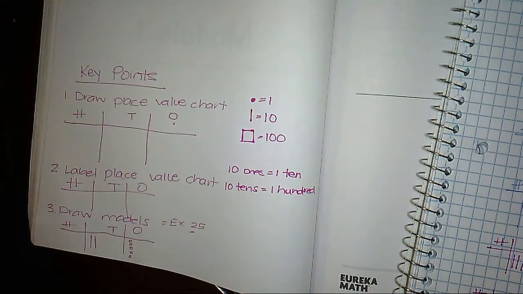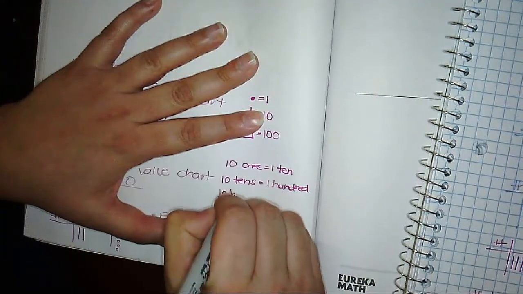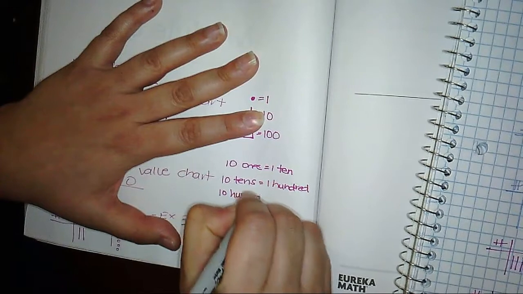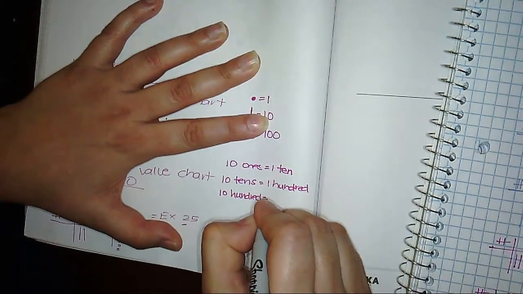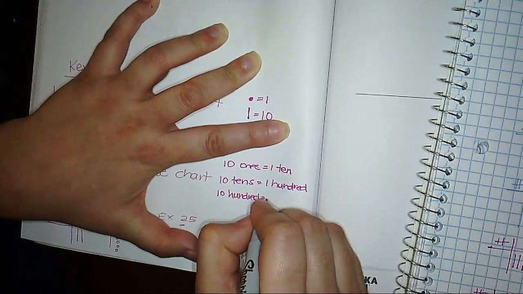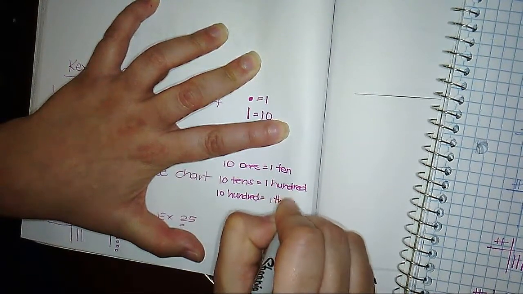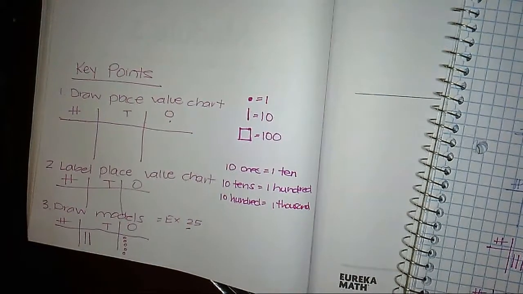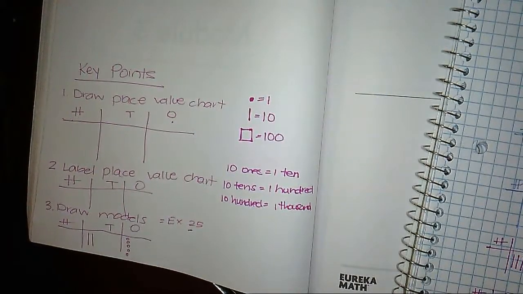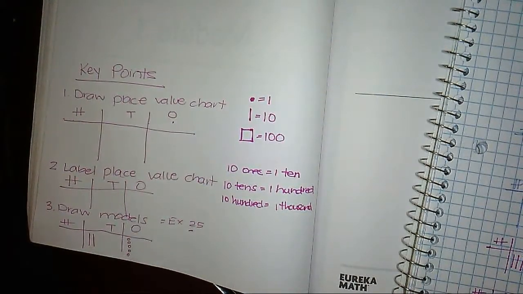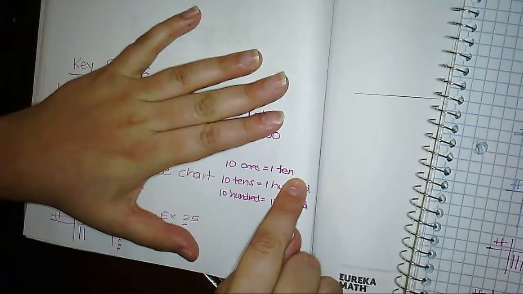And he told us that 10 hundreds is the same thing as 1,000. When he was counting, when he said 10 ones, if you bundle the 10 ones, if you put them together, they make 10.